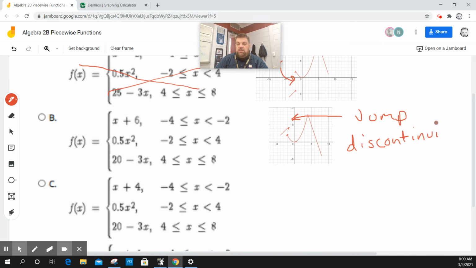And the question is, which one is continuous? So continuous means one line. Now it'll go all over the place, but it's one line. There are no gaps. You don't have to jump.